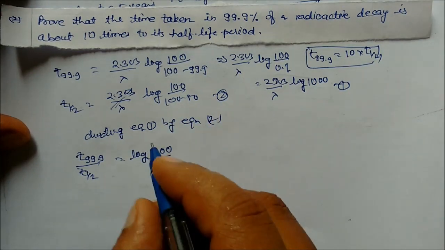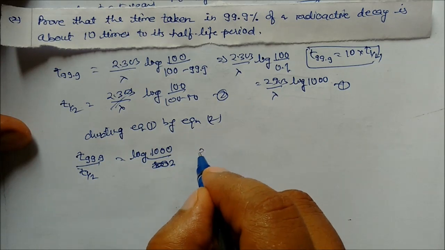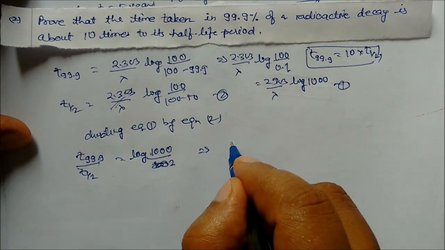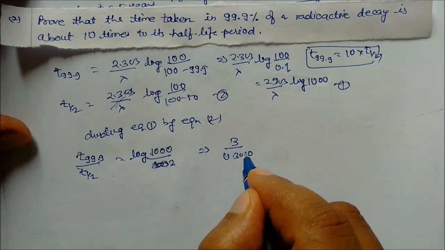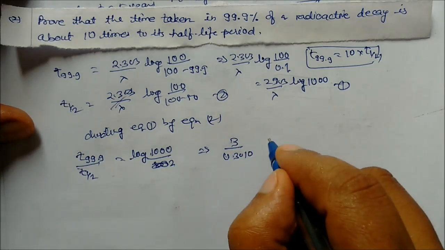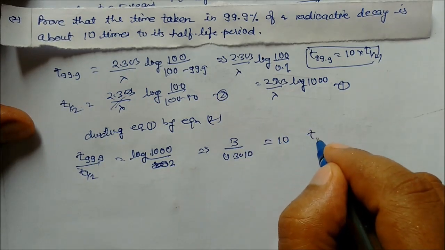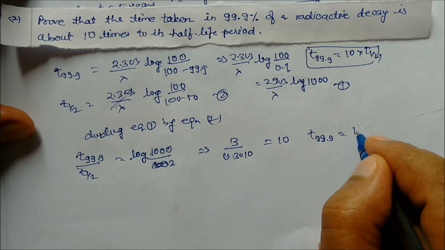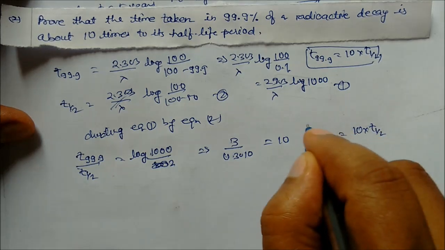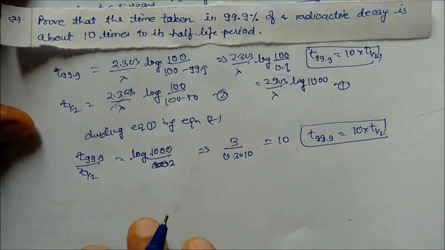On dividing you will get 3 by 0.3010, which is almost equal to 10. So T 99.9 is equal to 10 times T half. Hence it is proved.